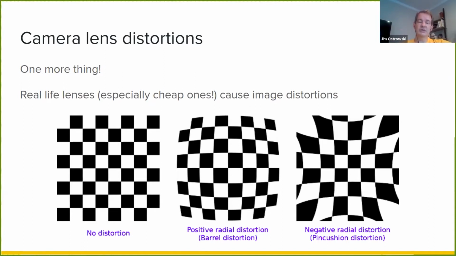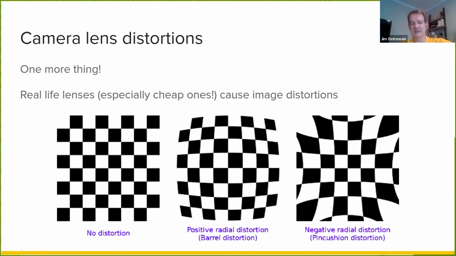So for the distortion of lenses, I've shown a few types of distortion. The very typical approach is to look at purely radial distortion, where the amount of distortion, or shift, is proportional to how far you are from the center. That leads to two basic types of distortion.